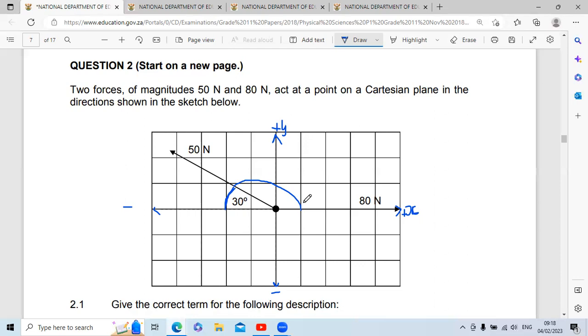But if you use this angle right here, which is 180 degrees minus 30 degrees, this angle will also give you the sine of the x and y components.